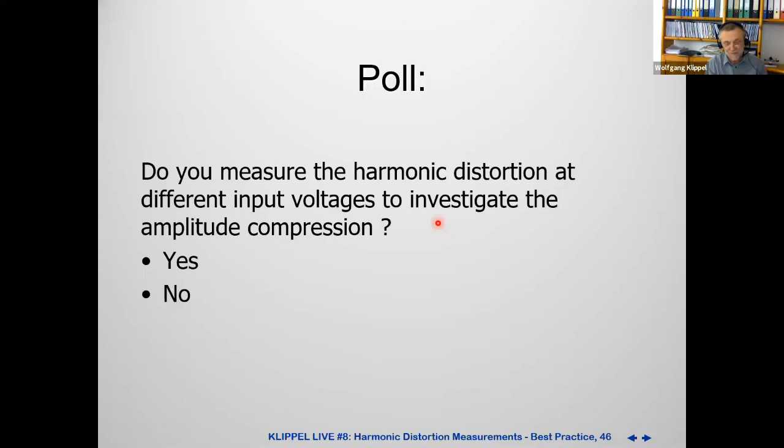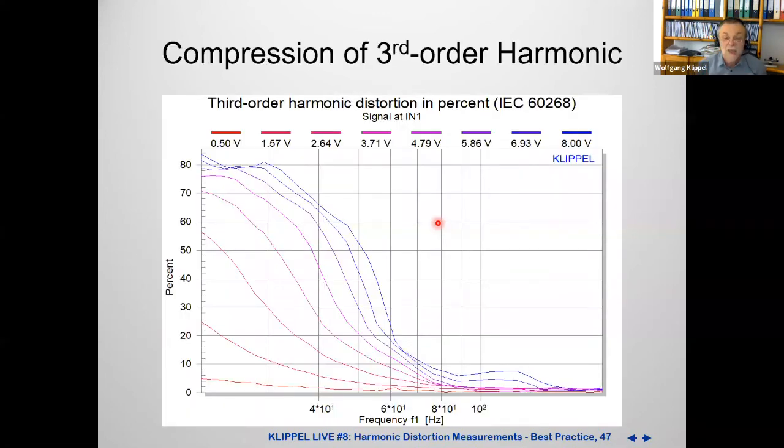Why? If you change your voltage, you may get less distortion, even at higher voltages. That might happen. So that means your result depends very much on the level of your stimulus, the input amplitude. Here you see third order distortions. I have increased the voltages and plotted the distortions here on a relative metric.